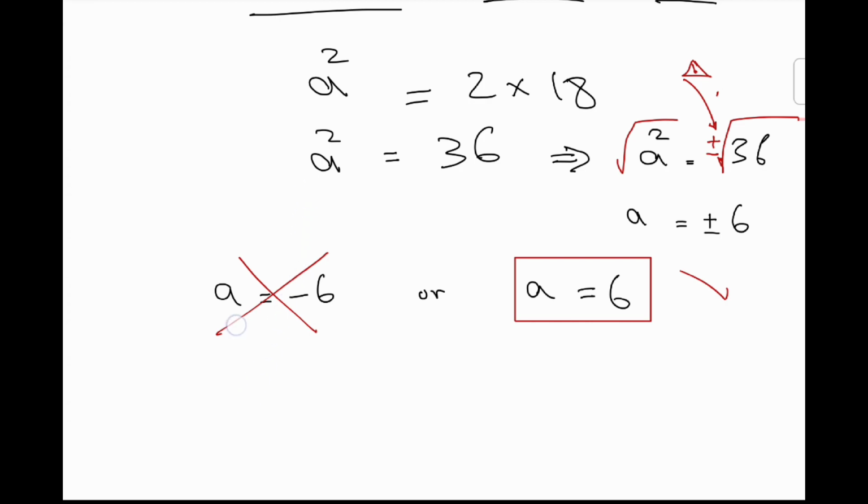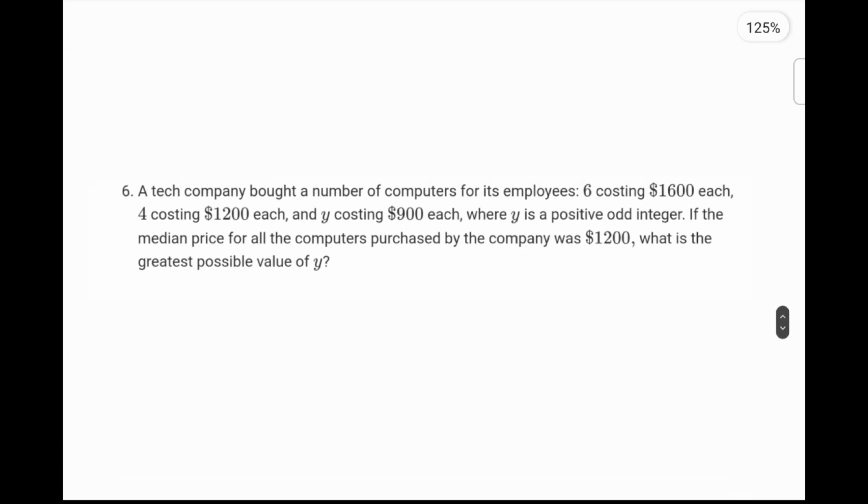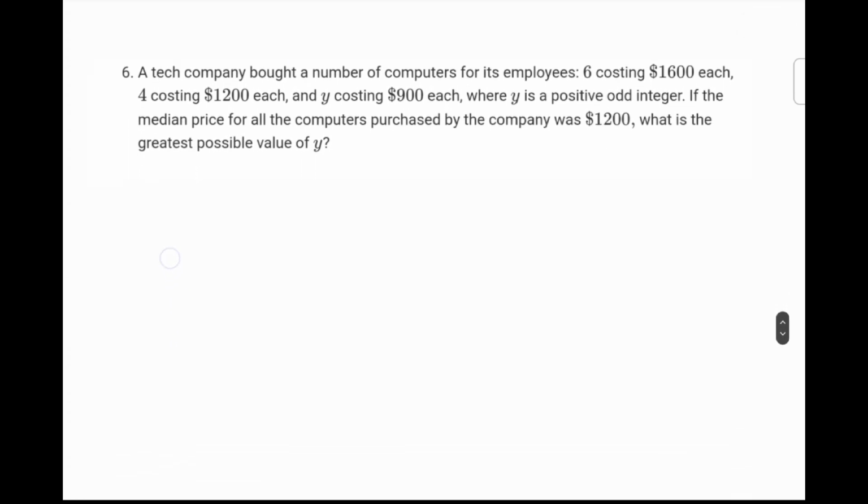Now let's do the final question. Question 6. A tech company bought a number of computers for its employees. So we have 6 computers costing $1,600 each. So let's create a table.